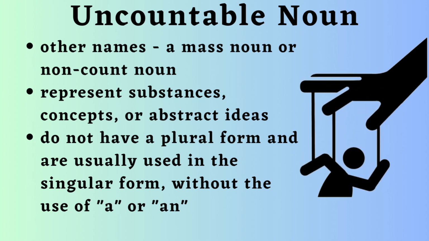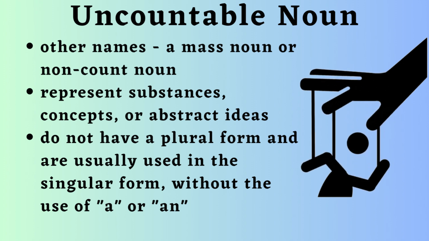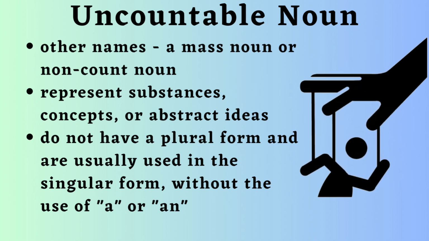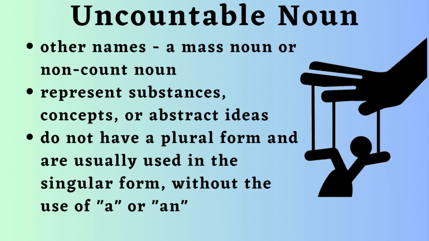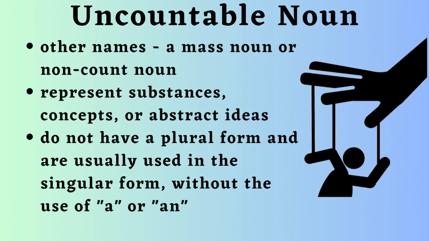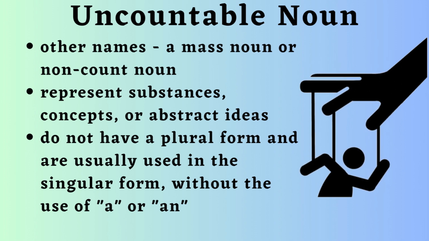These nouns typically represent substances, concepts, or abstract ideas. Uncountable nouns do not have a plural form and are usually used in the singular form without the determiners like a or an.